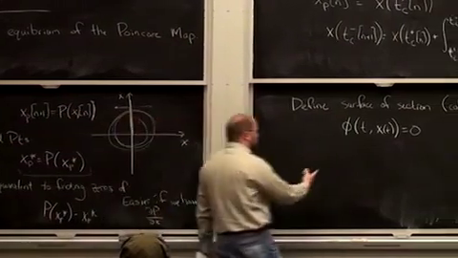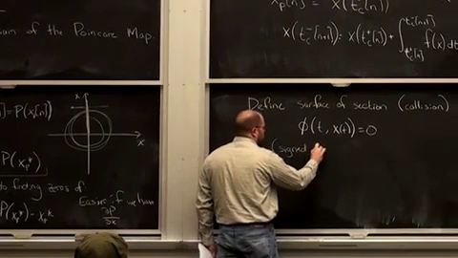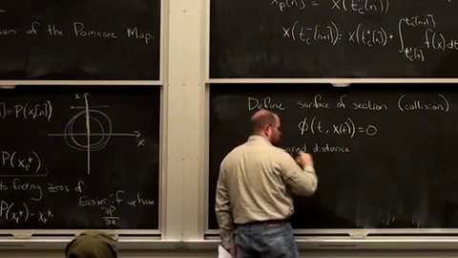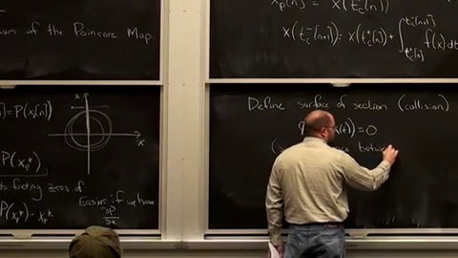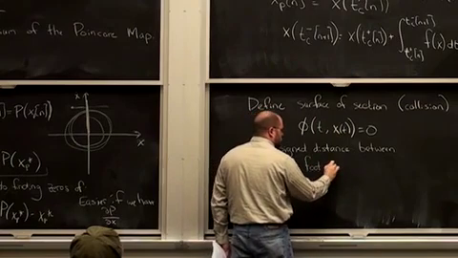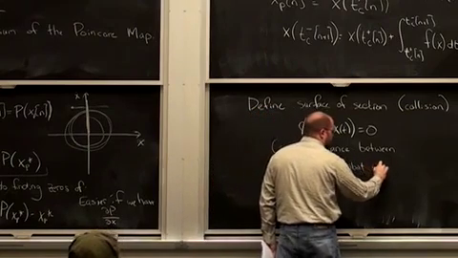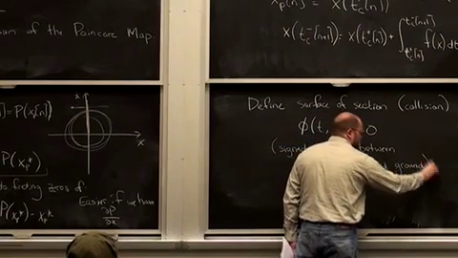So this could just be, for instance, the signed distance between, let's say, the foot of the robot and the ground. Yeah?